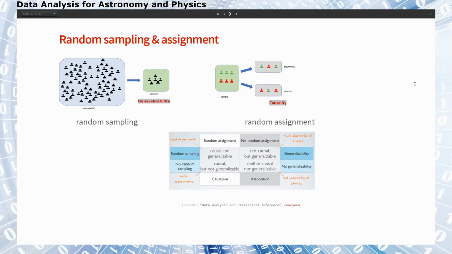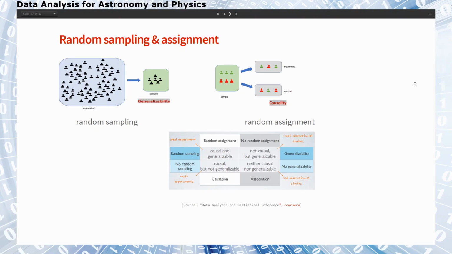Okay, just to summarize, to have general results from our study, it's important to perform random sampling and to minimize any bias in how members of our sample are selected.